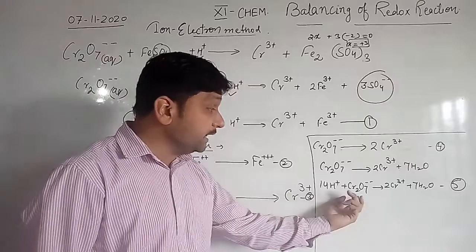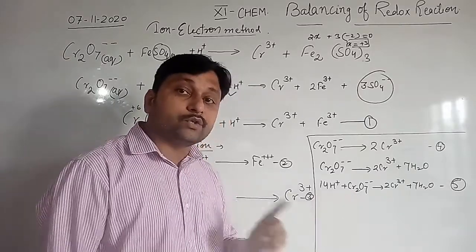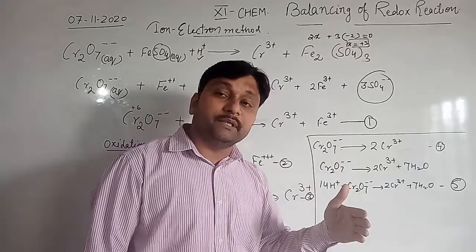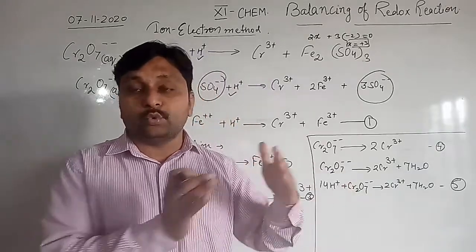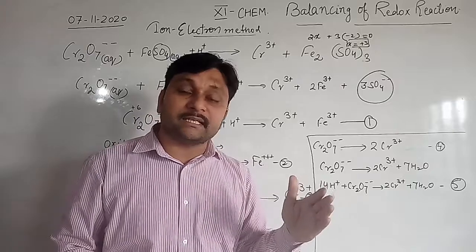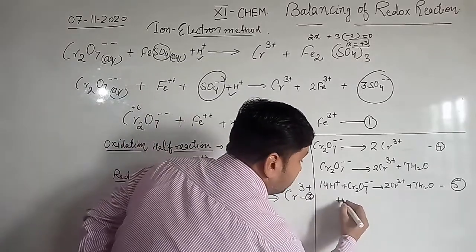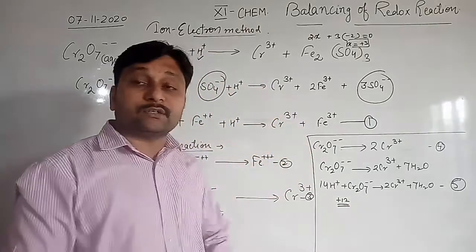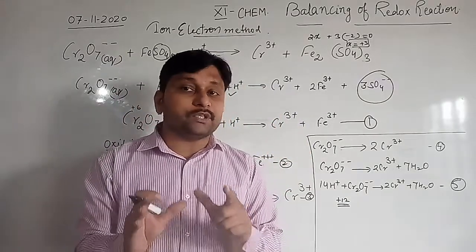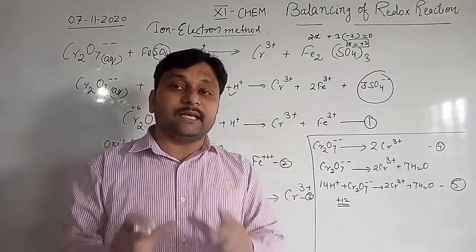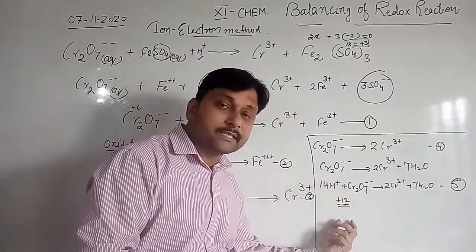It means this side, how many positive? 12 positive, because 14 positive plus 2 negative means the 2 negative cancel 2 positive, and 12 positive remain. So this side 12 electrons are less. What is the meaning of the positive sign? Positive sign means 12 electrons are less in the reactant side.